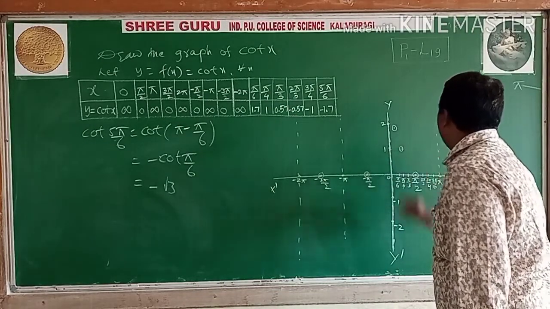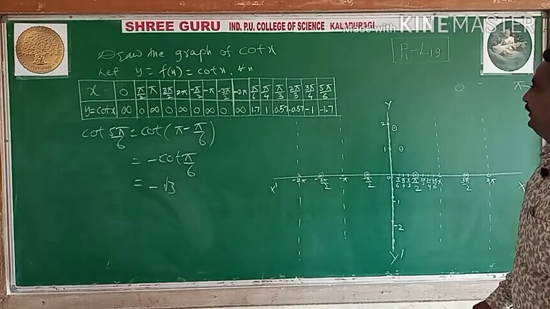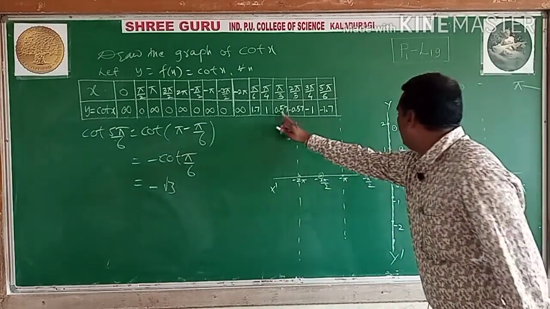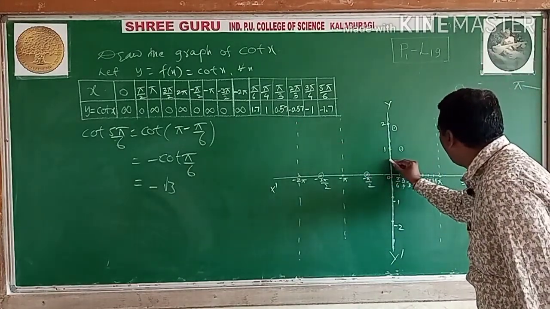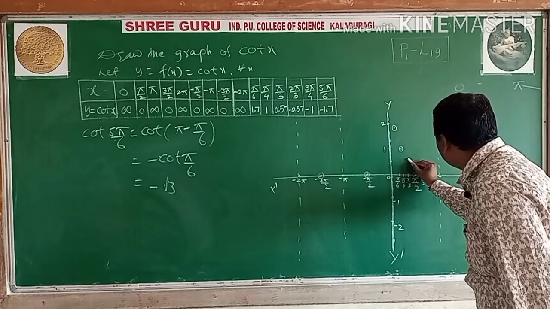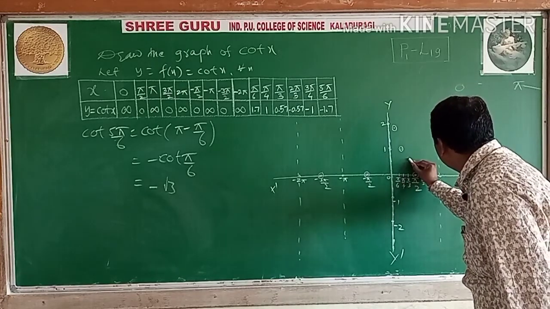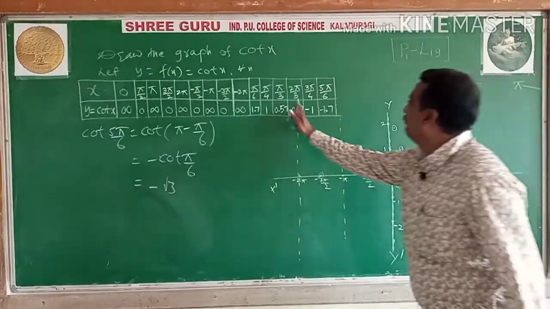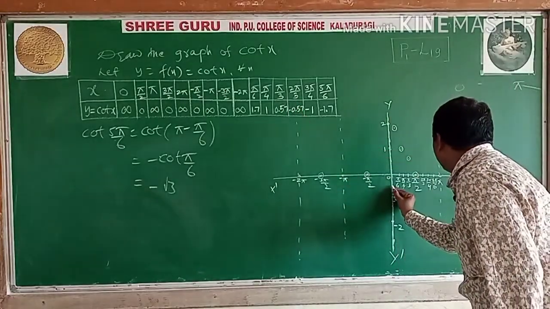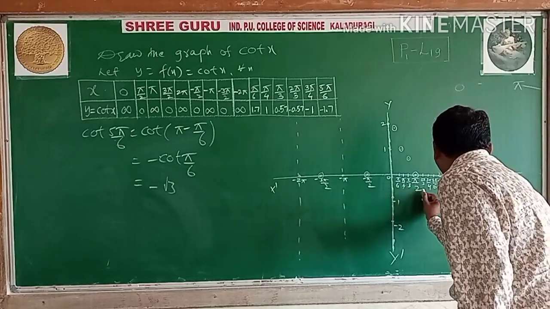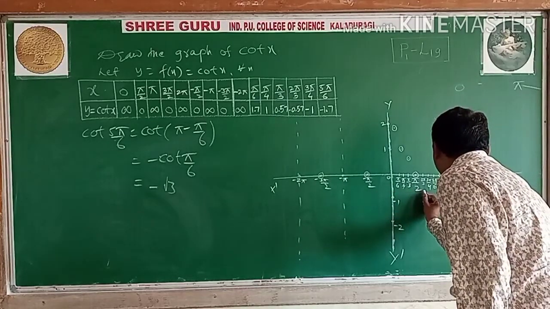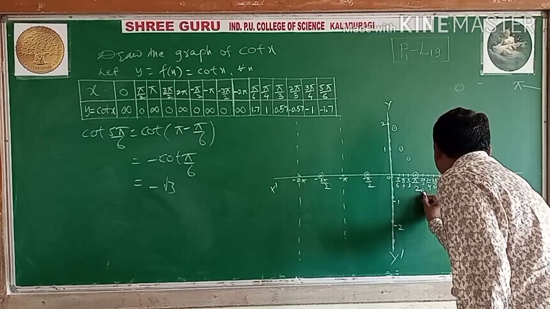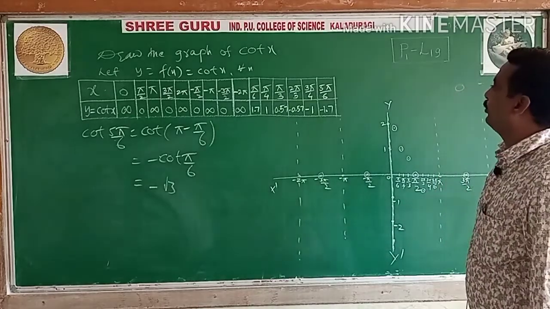As you have drawn in the tan x, like that you are drawing the graph, students. When pi by 3, 0.57, just more than half. The next, minus 2 pi by 3, negative value it is, just more than half, near to 0.6.